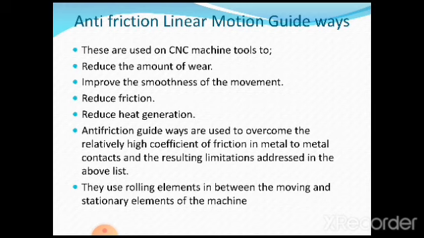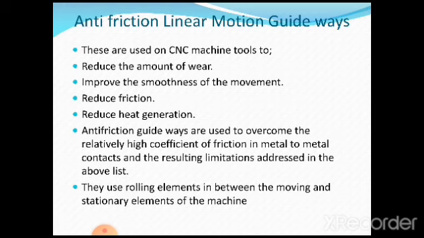So now, because the entire load is coming directly on the rolling elements only, here you are going to see the bearing surfaces, and here you are also going to see the friction force between the rolling elements and the rail. This is how the carriage is made to move, and this is possible due to the movement of these rolling elements, either the balls or rollers, in case of anti-friction linear motion guideways.